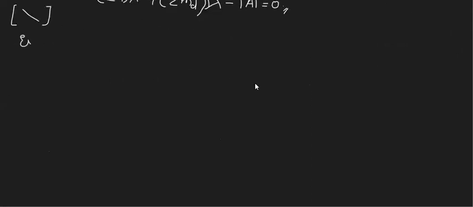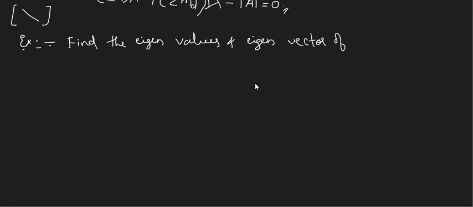If anybody can open the model question paper and dictate me an example, I'll be more happy. Else I have to see it again. Find the eigenvalues and eigenvectors of the following matrices.